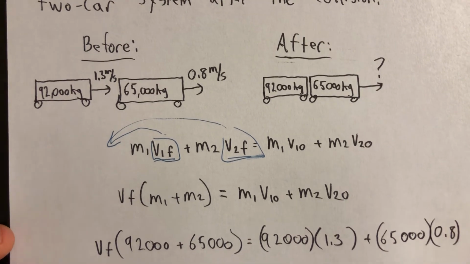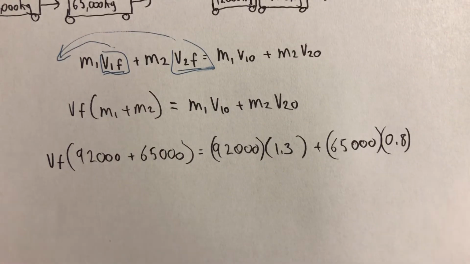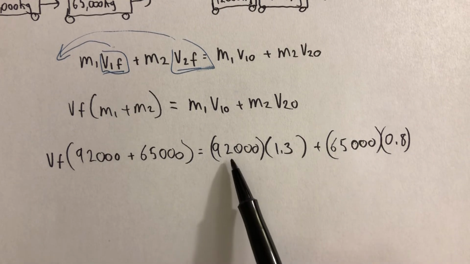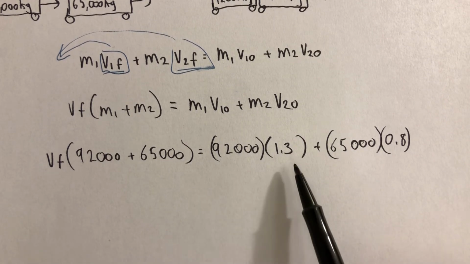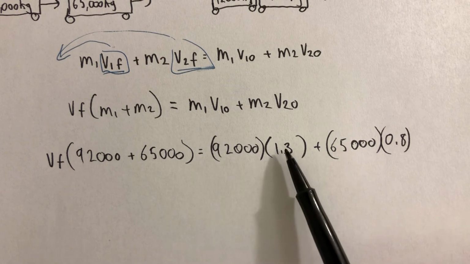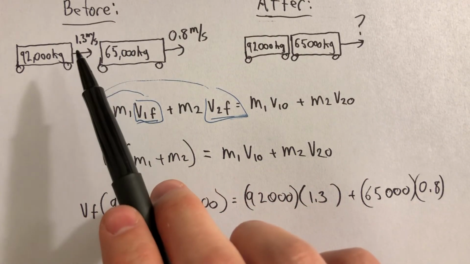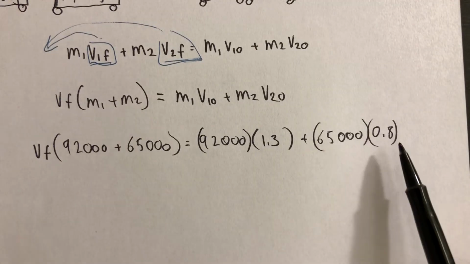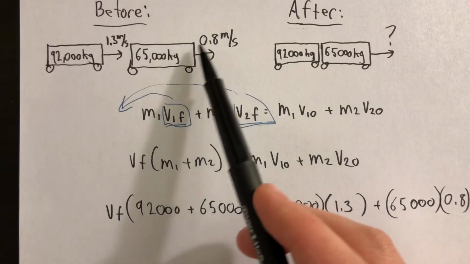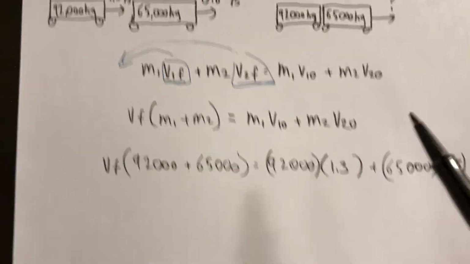So I kind of like the way this is set up. Each term has its own meaning. This here, 92,000 times 1.3, that's the momentum of this cart before the collision. 65,000 times 0.8, that's the momentum of this cart before the collision.